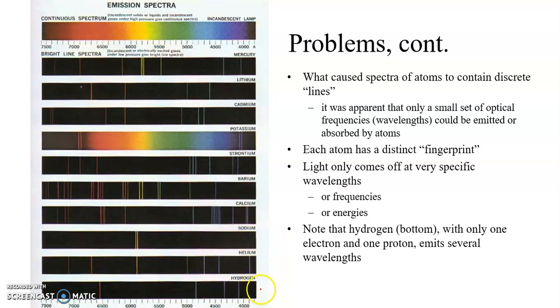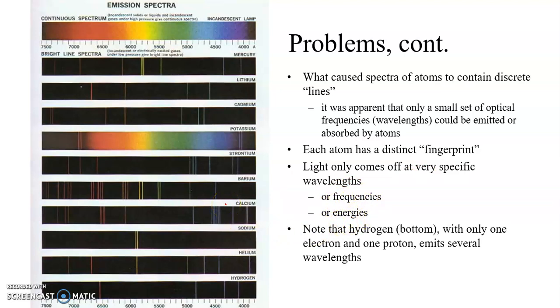So I can show you here. This is hydrogen, helium, sodium, calcium, barium, strontium, and so on, and the list will go on. So here is the fingerprint of the electron. You can refer to it in the emission spectra, because light only comes off at a very specific wavelength and it has a frequency or energy.